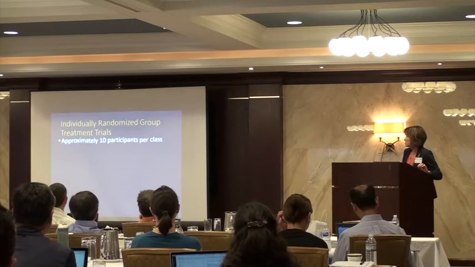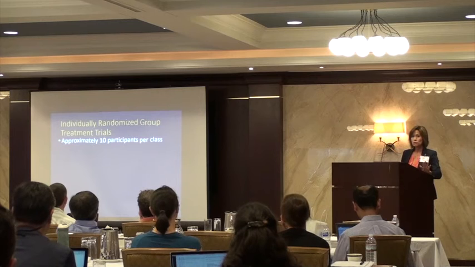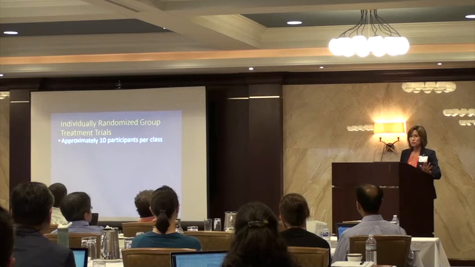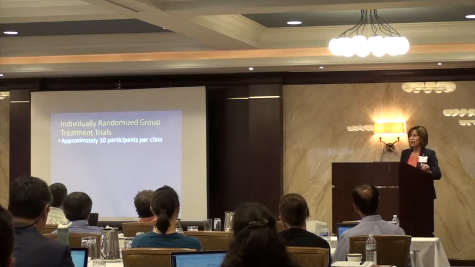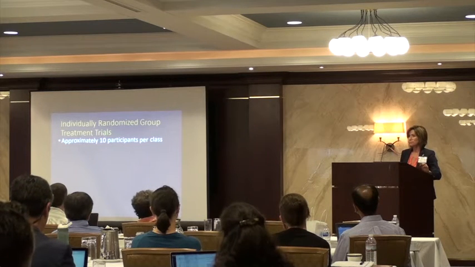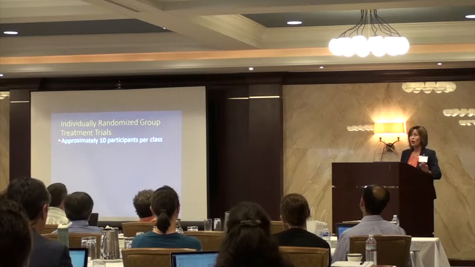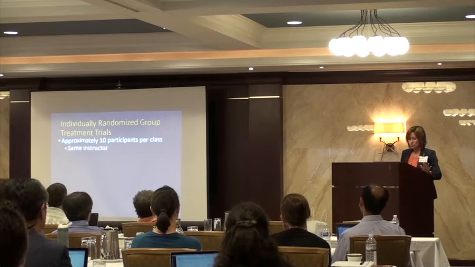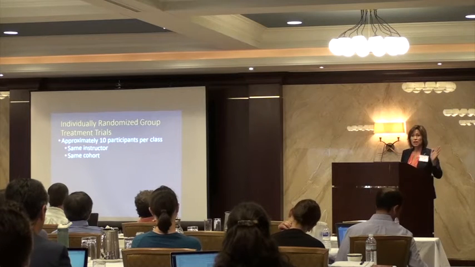So here's what happens. You've got about 10 older adults per class for about 8 sessions and some booster sessions. So what happens in those 8 sessions? 10 sessions. They talk. Oh yeah. They have the same instructor. They're in the same cohort.